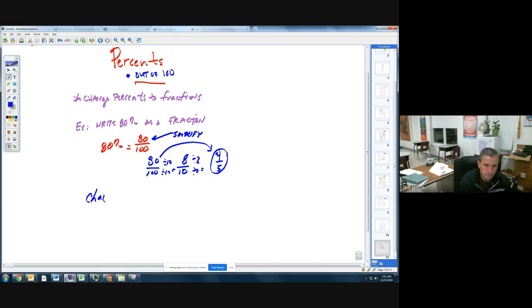Change 65% to a fraction. Again, nothing easier than taking 65 and putting it over 100. But the hard part is going to be reducing this. And if you know your rules of divisibility, this one isn't so bad either.